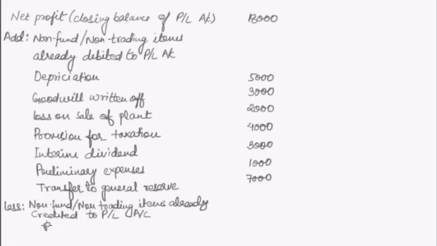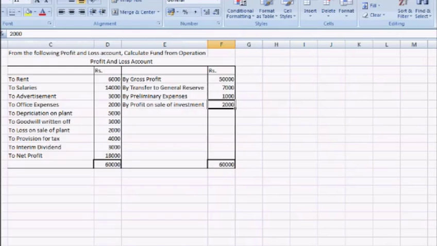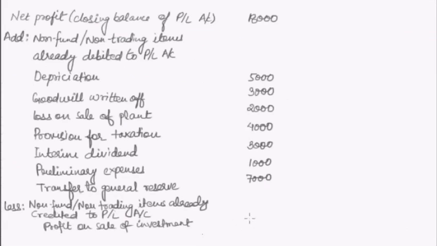So first we have profit on sale of investment. The amount is 2,000.